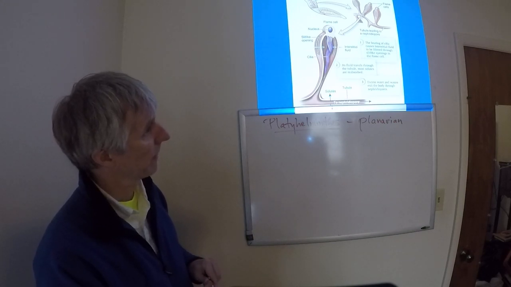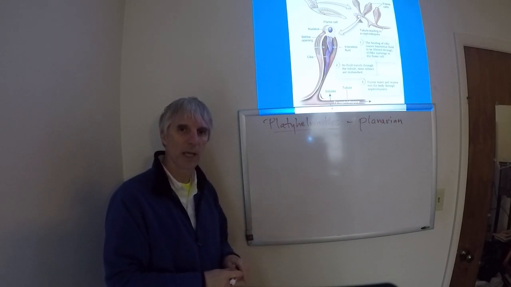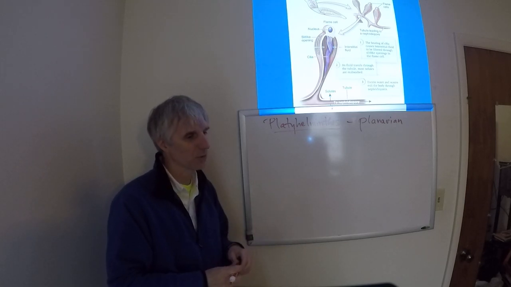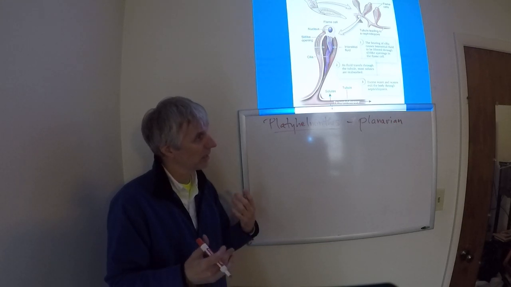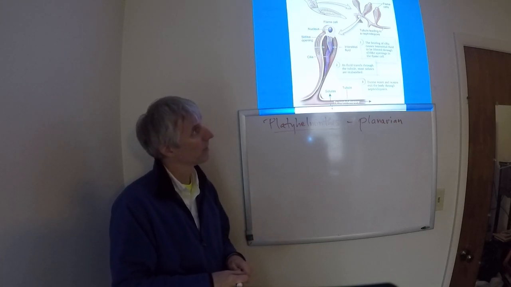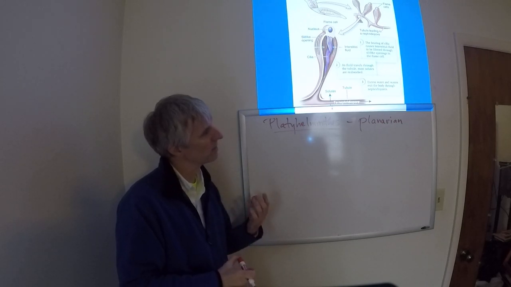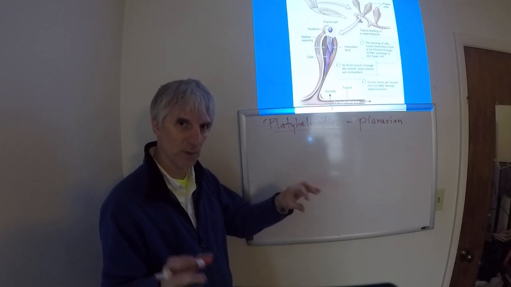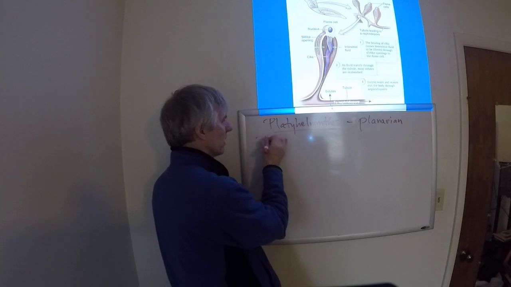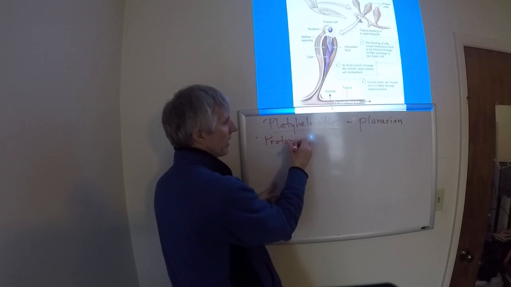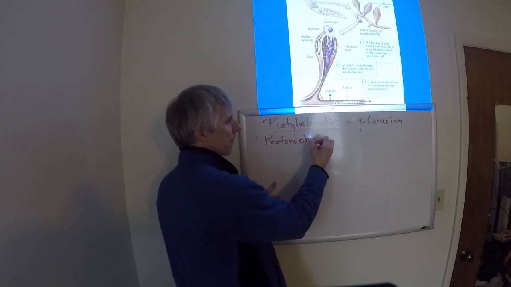Okay? All right. Nitrogenous wastes are generated. That's just the way things are. So what we need to do is come up with a way to get rid of these nitrogenous wastes in a nice little fashion here. Because this is a very simple system, the simplest one we can find, it's often referred to as a protonephridium.